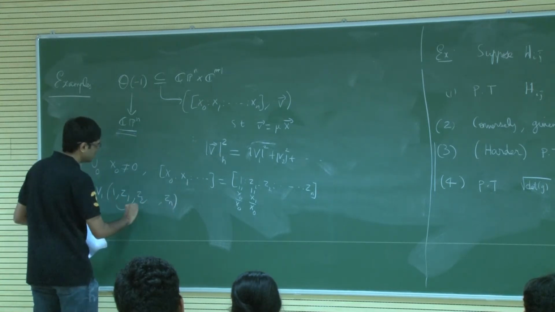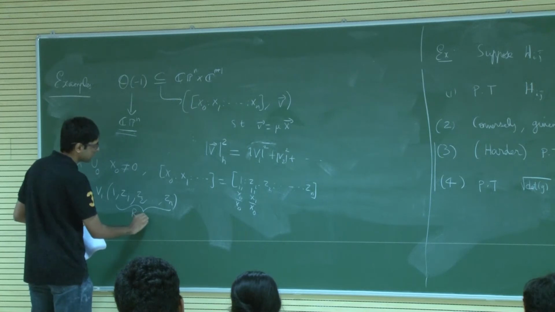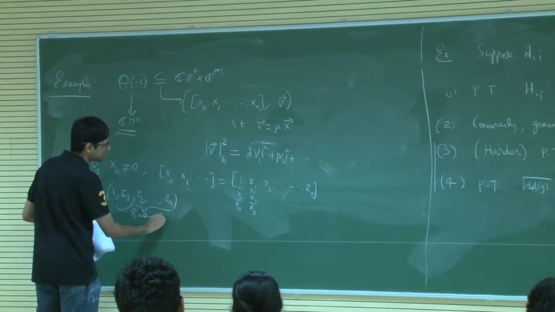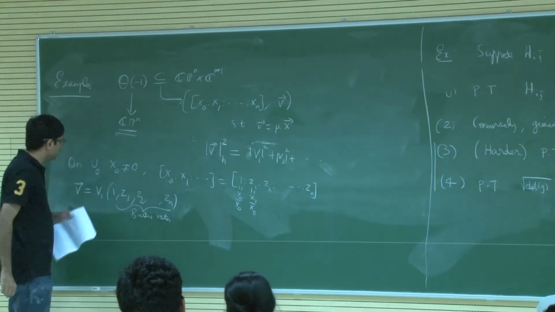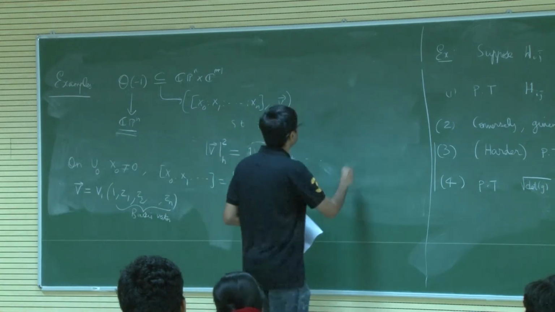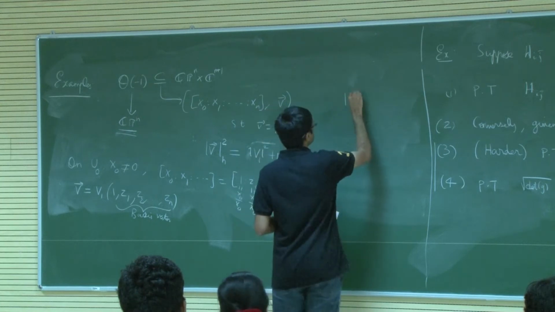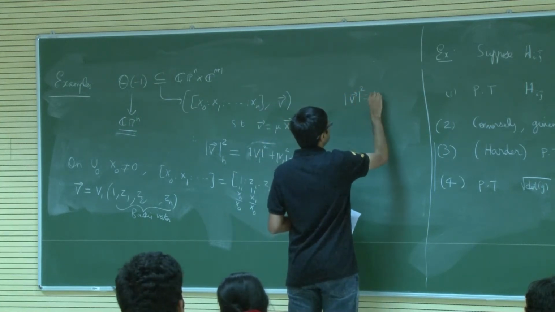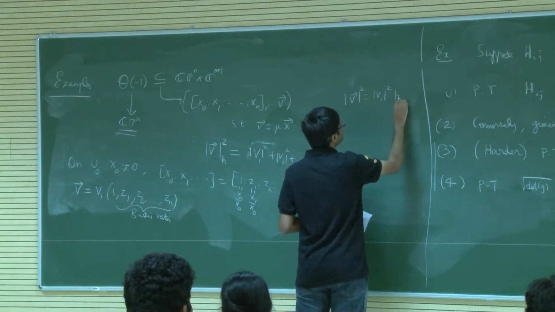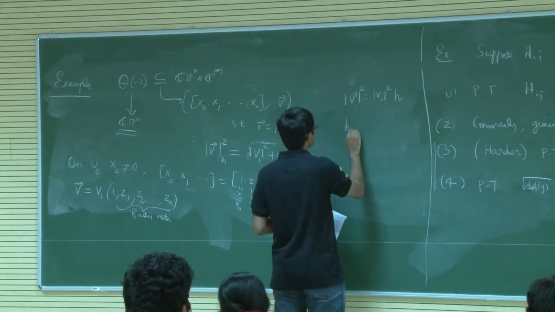It's a one-dimensional vector space, right? So what is the length of v? It is |v1| squared times a function h. What is this function h?